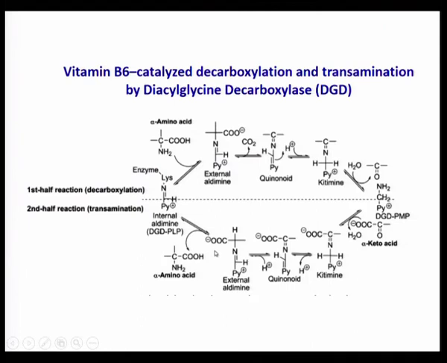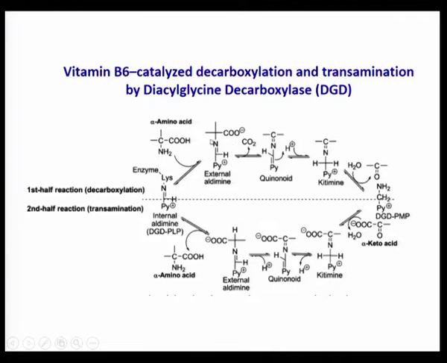So here we have one more reaction. So this is the classical reaction what I have explained earlier. Here you have the first half would be decarboxylation and the second half would be transamination. So the lysine residue in the transferase enzymes actually interacts with the pyridoxine.